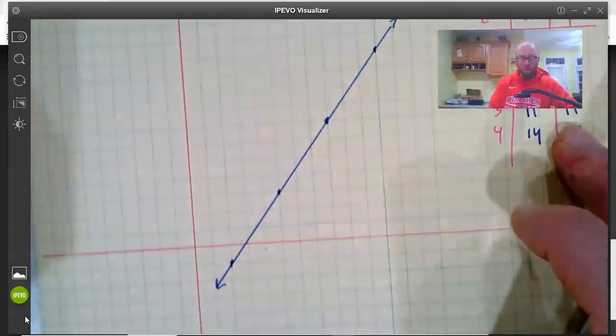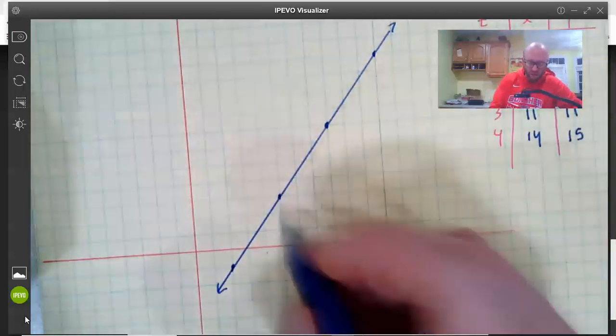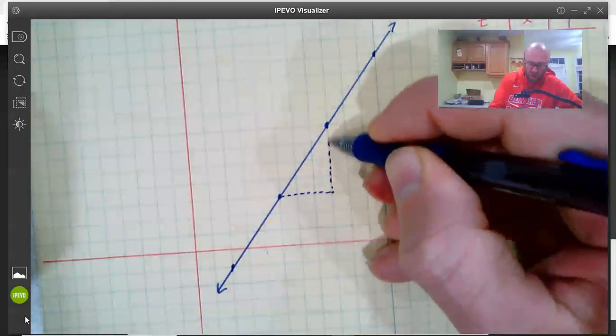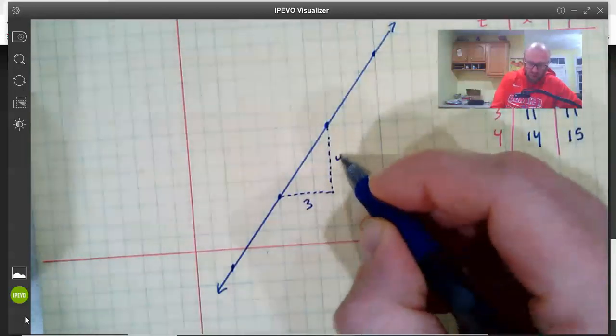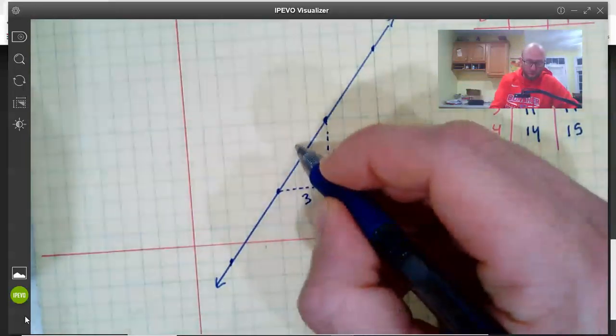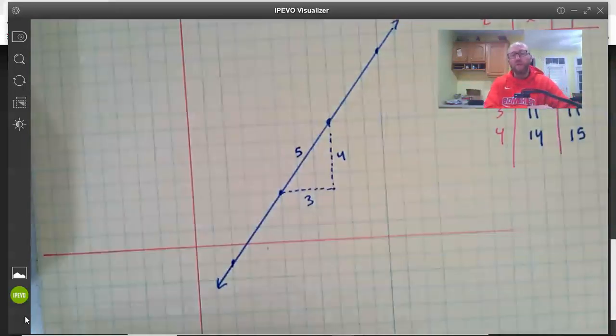And how do we calculate that? Well, from one lattice point to the next, we're traveling over 3 and up 4, and we should know this by now, 3, 4, Pythagorean theorem is going to give us 5.